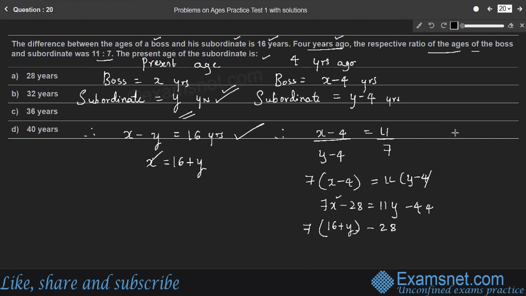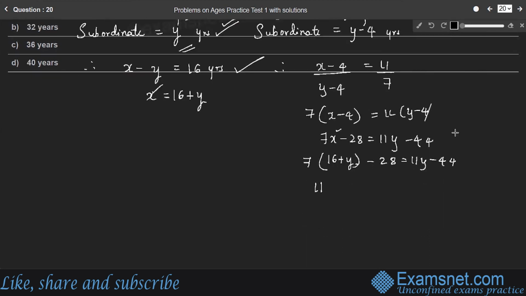Minus 28 is equal to 11y minus 44. Simplify it. 112 plus 7y minus 28 is equal to 11y minus 44, right? So 112 minus 28 plus 44 is equal to 11y minus 7y, right?